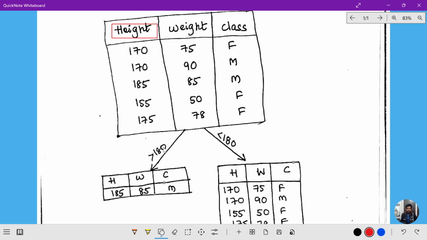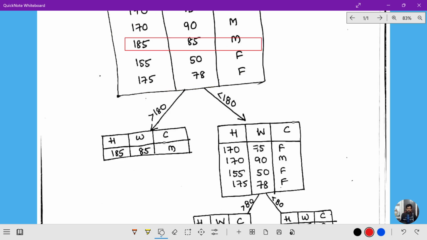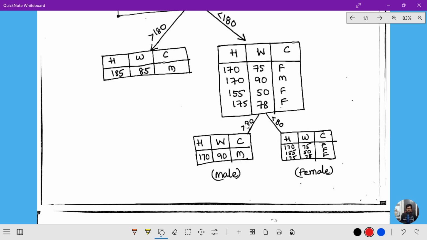We are going to divide the data into 2 types, the left side is a left tree and the right side is a right tree. When the data is greater than 180, you are going to get 185, 185 male. On the left side, we are going to get all the data: 170, 170, 155, 175.